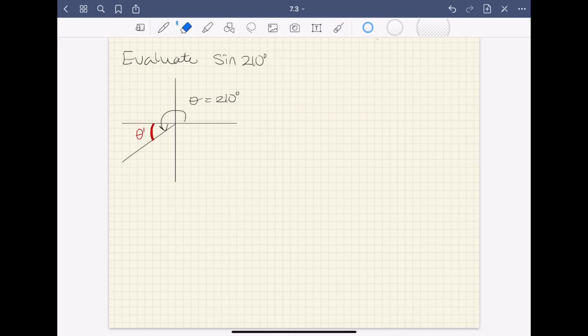And our reference angle in the third quadrant is equal to 210 minus 180 degrees, which is 30 degrees. And from last video, we know that we're using reference angles to calculate the trig ratios. So instead of calculating sine 210 degrees, we will be calculating sine 30 degrees first.